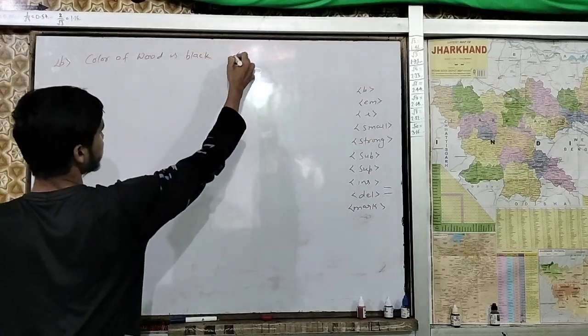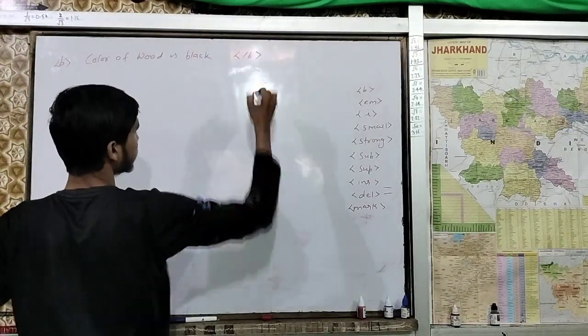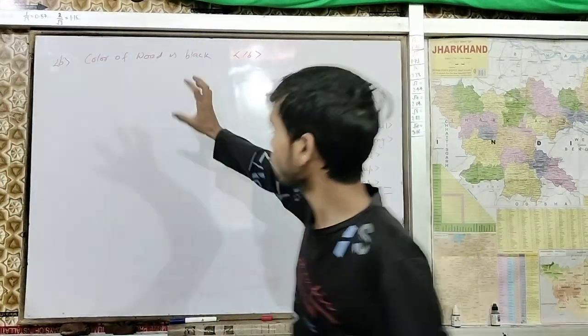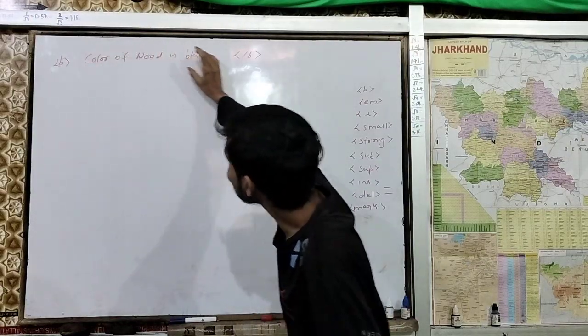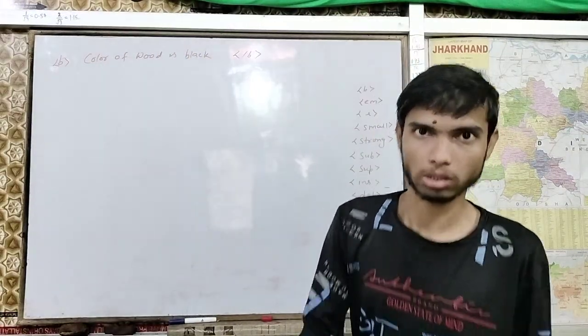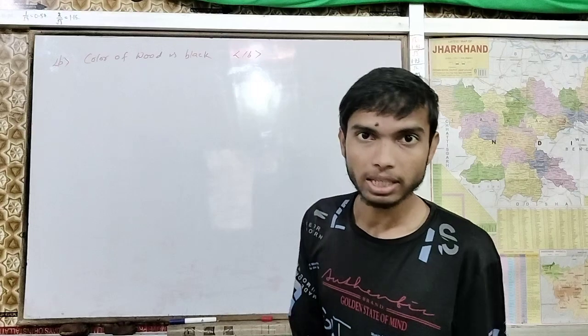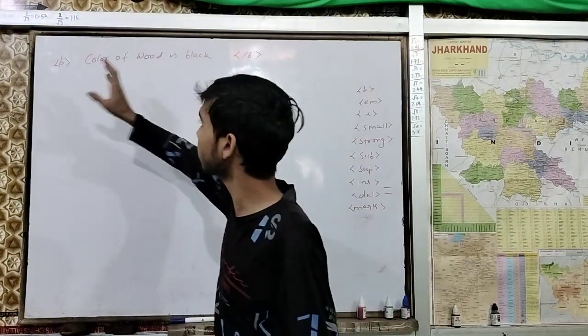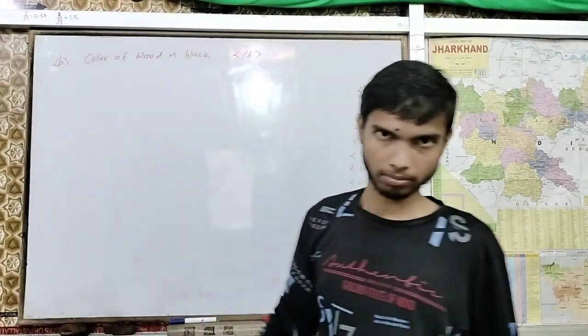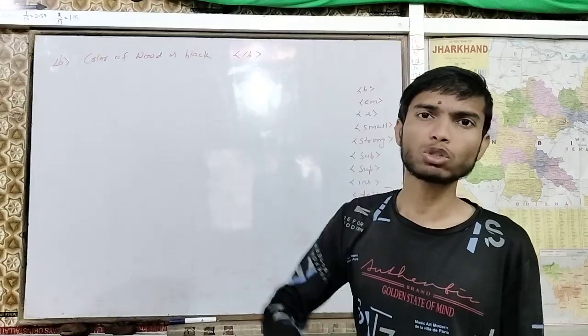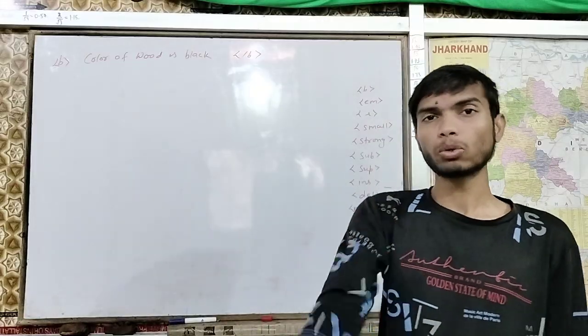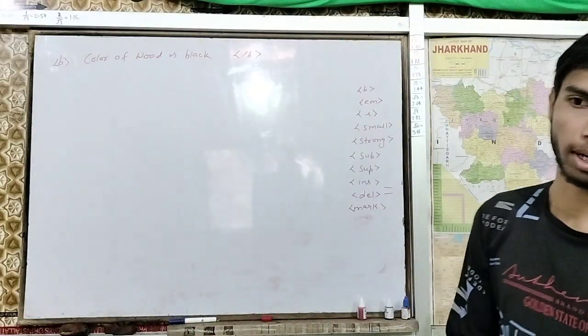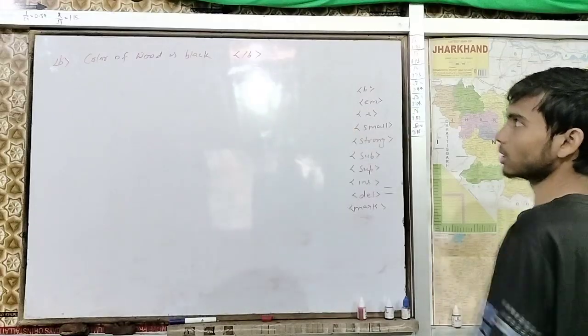Okay, that is what we are saying. So slash. What will happen? You will see that the thickness of this sentence is more. This is happening because we applied this tag. The work of this tag is to increase the boldness of our text.